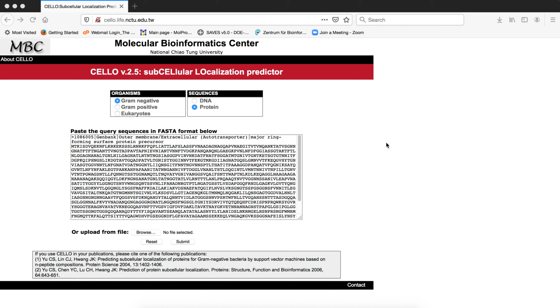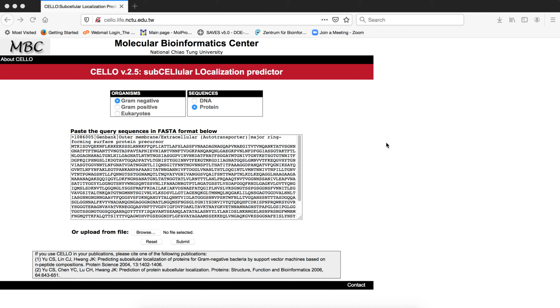Remember that we were unable to predict the subcellular localization, or the cellular component, or the location in the cell in which the protein functions, and hence we will use a specific tool or server which allows for the identification of subcellular localization of a particular protein, and the server's name is CELLO, which is a subcellular localization predictor.